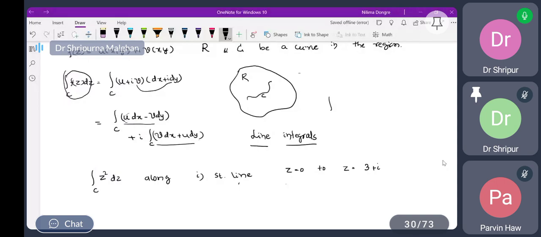Second, along the curve made up of two line segments.